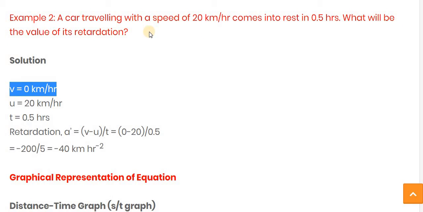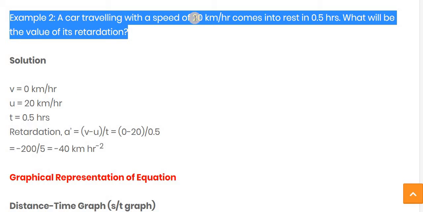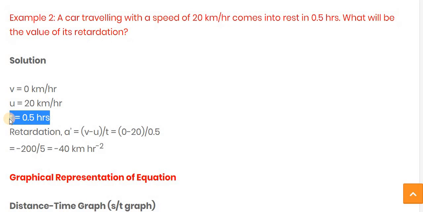Because the body, the car, travels at 20 and then stops, meaning it comes to rest. In that kind of condition we have to take v as 0. Then u is 20 km per hour, and t is 0.5 hours, the time taken for the change of this velocity.